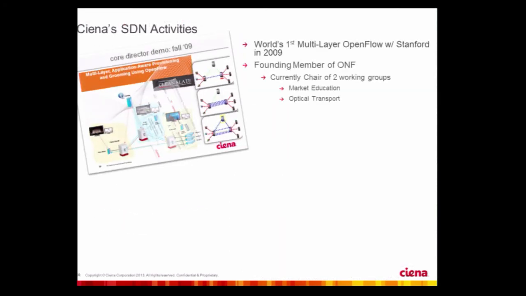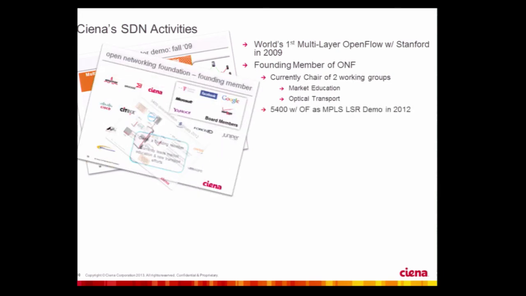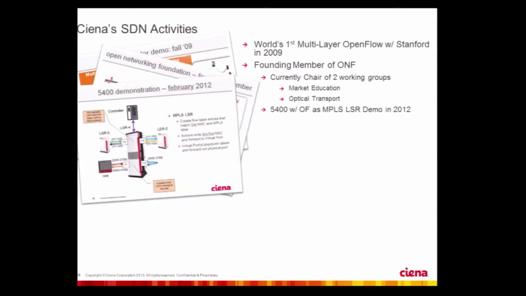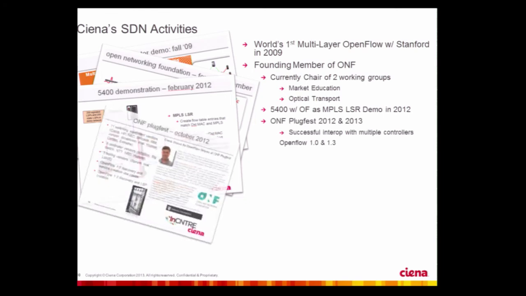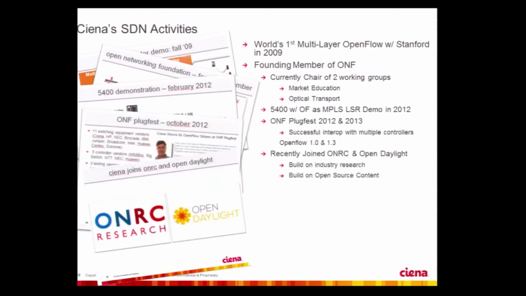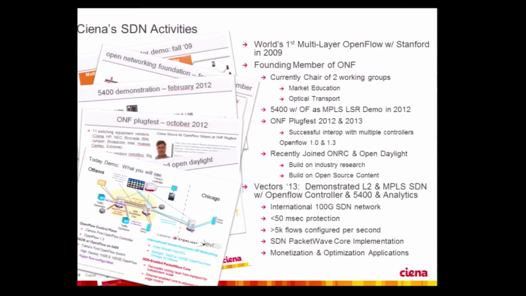And Ciena is very active in software-defined networking. We are a founding member of the Open Networking Foundation, and we do trials and interworking trials on a regular basis. For example, one is during Vectors this year. Vectors is a couple of weeks of demonstrations that we do in our research labs in Canada, where we show the latest in the technology in terms of transmission, but also in this case of software-defined networking.